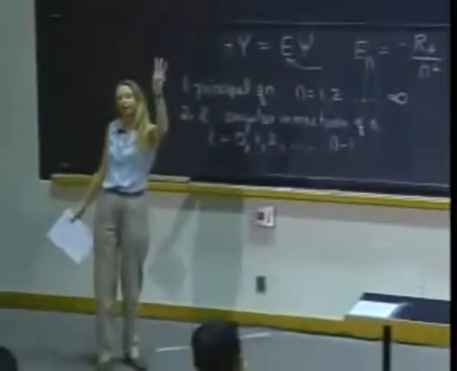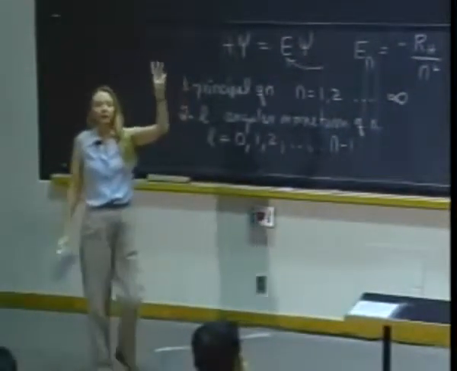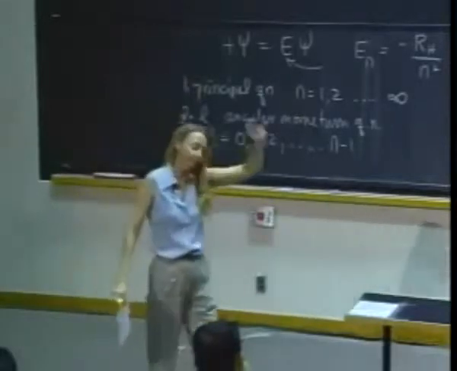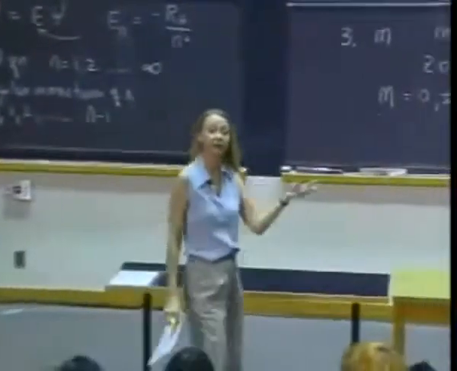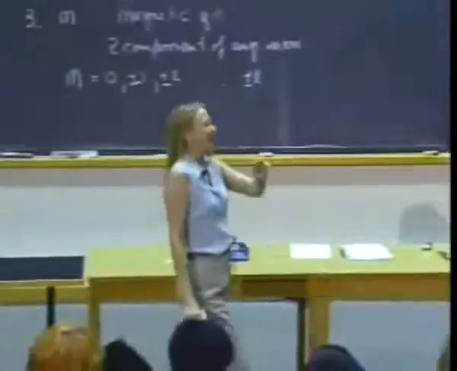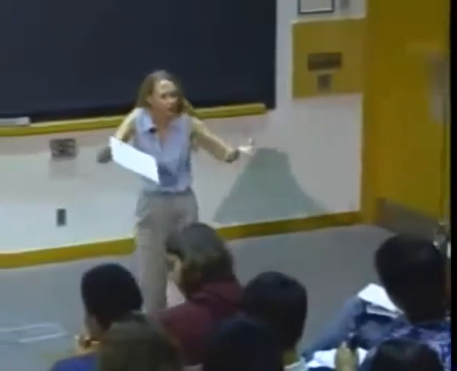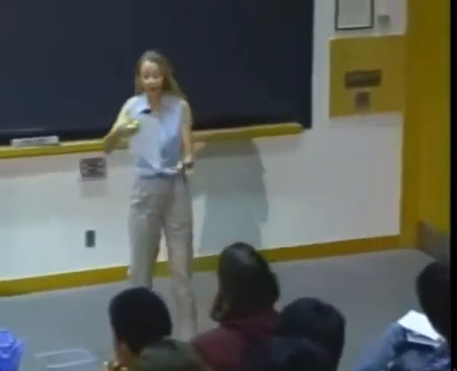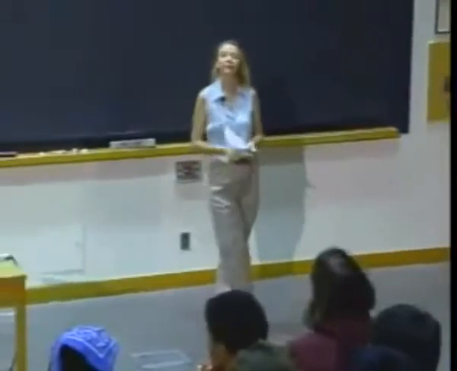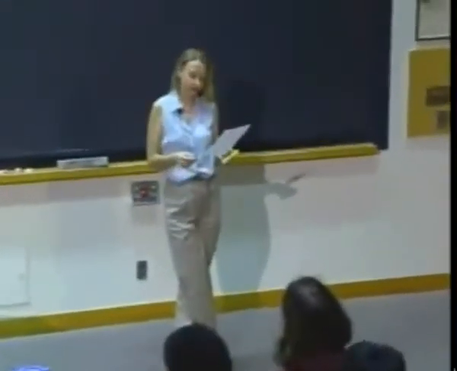We've got to have 3 quantum numbers here to really explain our system. The reason we have 3 quantum numbers is because we have a 3-dimensional system. So it makes sense that you've got to have 3 quantum numbers to really describe the hydrogen atom here.